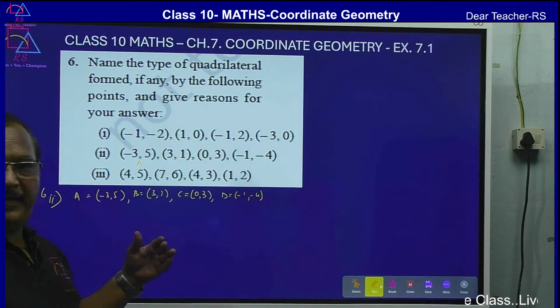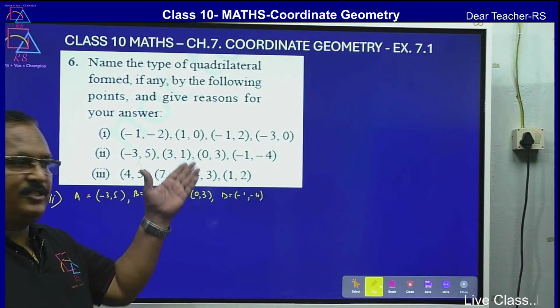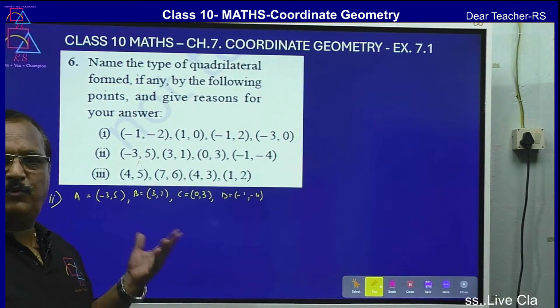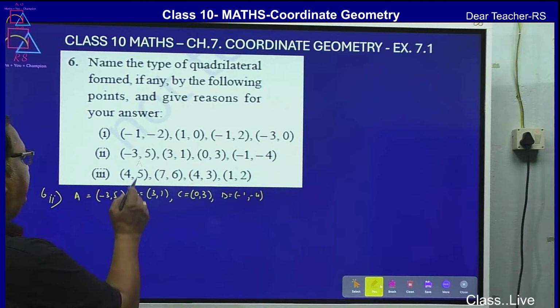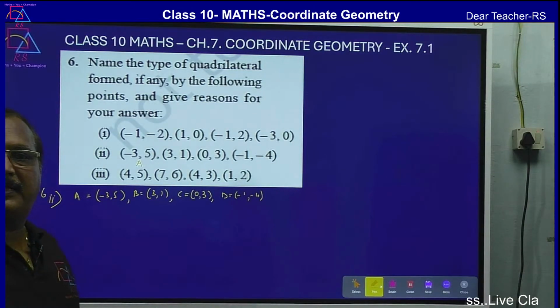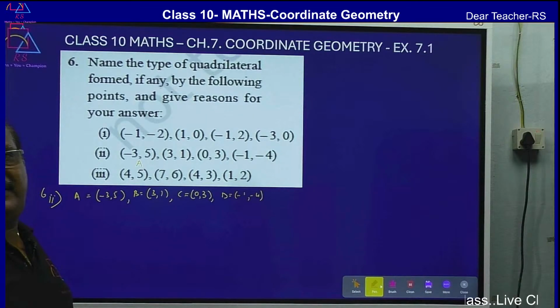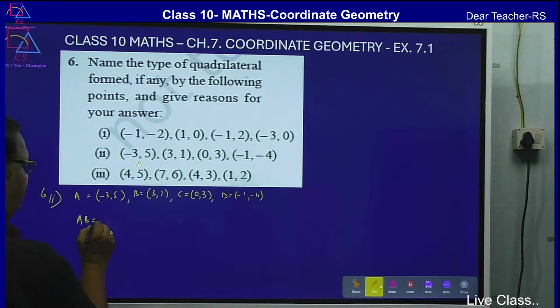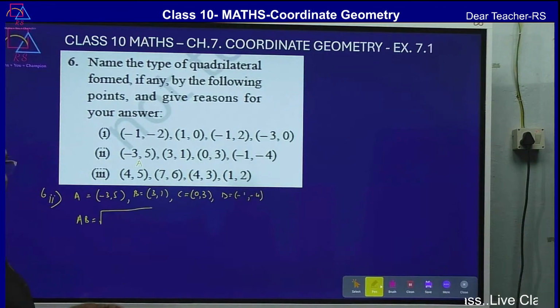Whenever you are copying a question from the textbook to the notebook, check one more time. Okay? (-3, 5), (3, 1), (0, 3), (-1, -4). So always better. Now let us find out AB. Square root of (x2 minus x1) whole square plus (y2 minus y1) whole square.